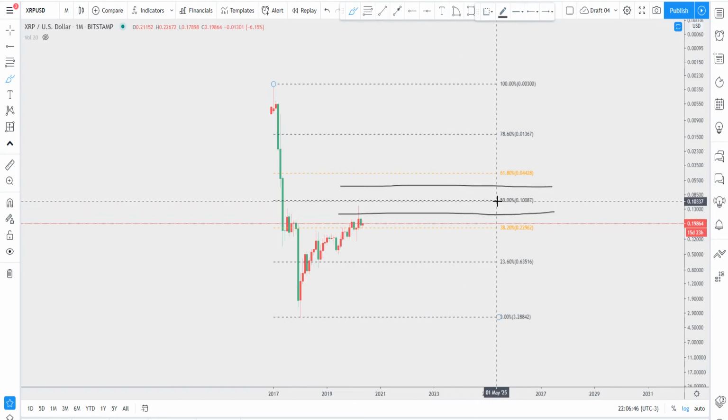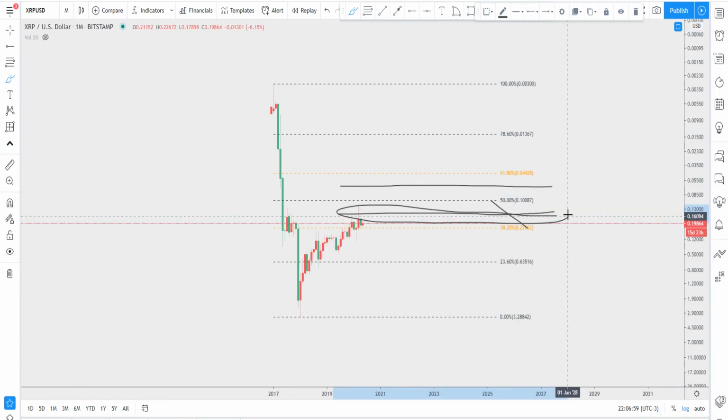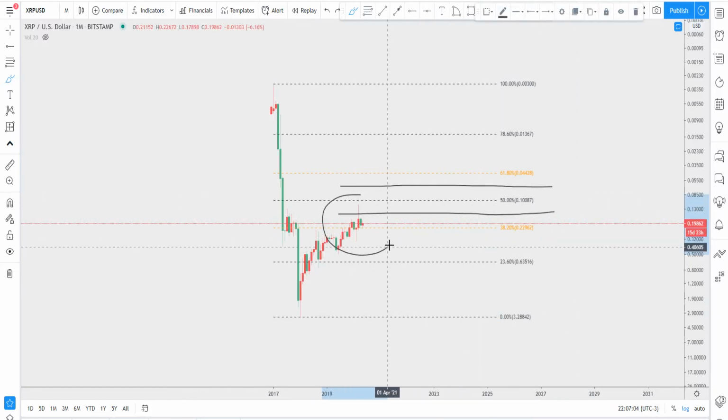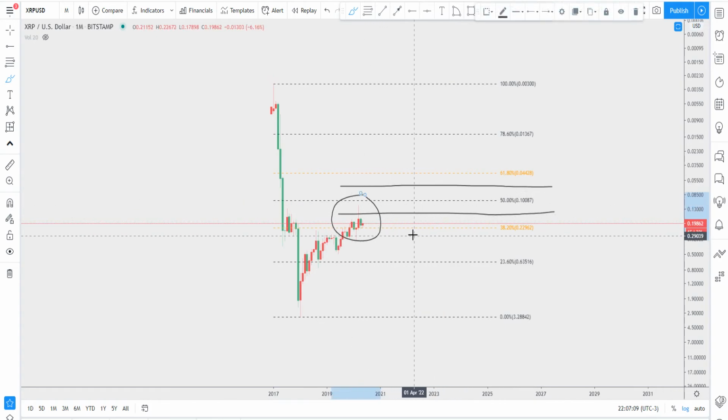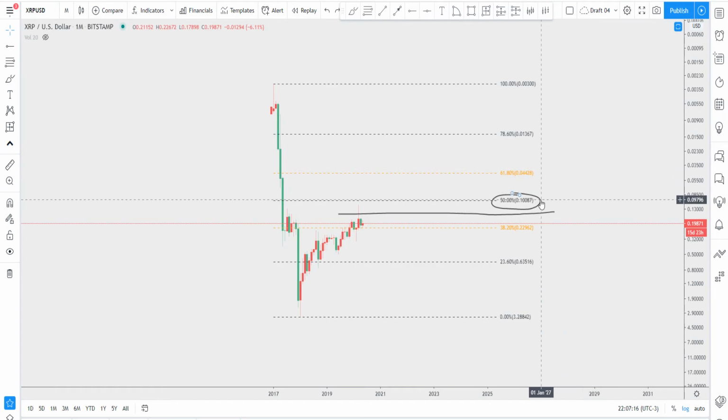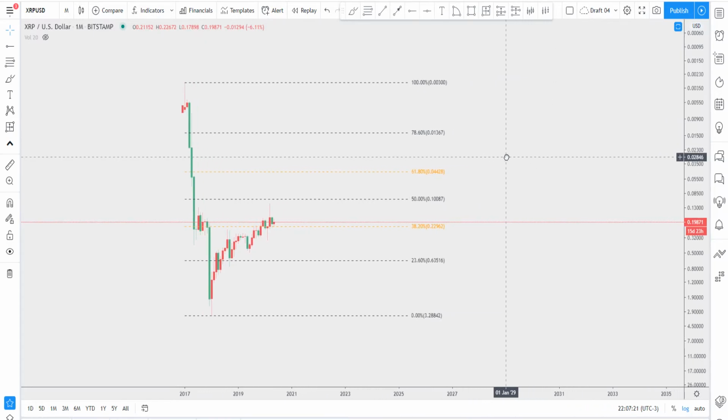Because from this point to this point, if we zoom in very close and draw a 100% Fibonacci, this level is the 50% as well. So for the small time frame of this one, the average price, the 50% was here. That's what we are looking for: close price action behavior to always match the 50%.